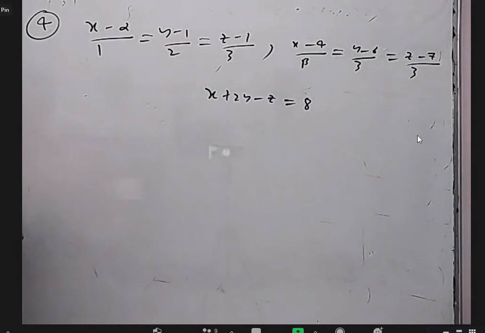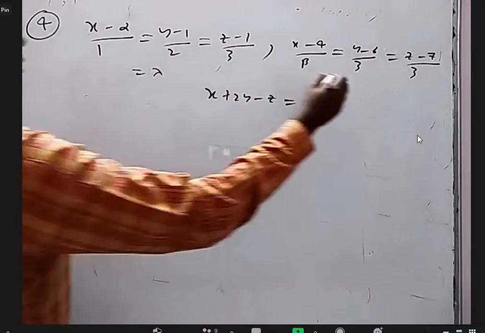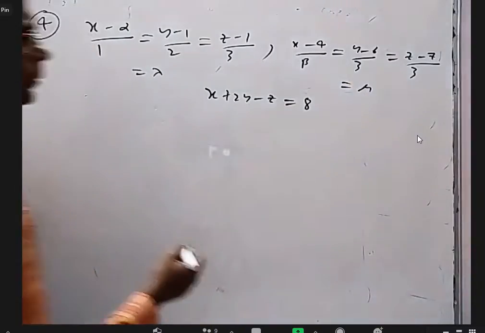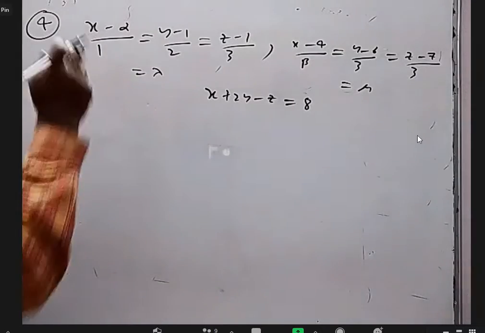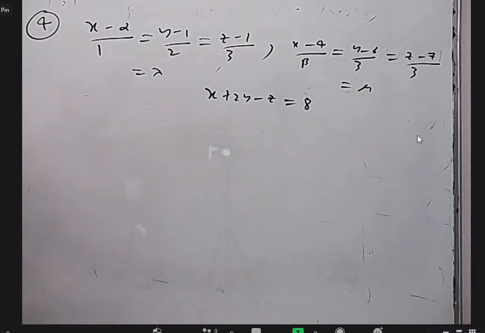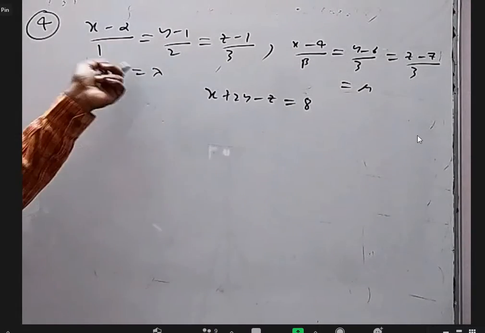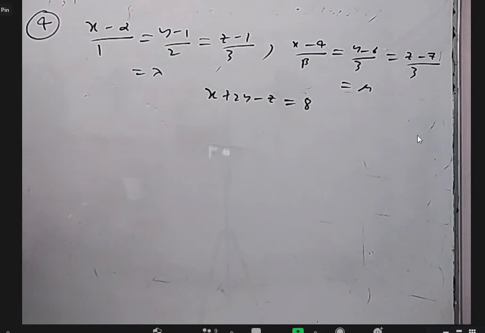Anyway, I have to take equal to lambda here, equal to some mu here. If I try to equate, I'll have too many unknowns: lambda, mu, alpha, beta. But we don't have much option.